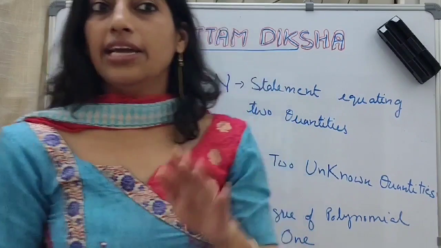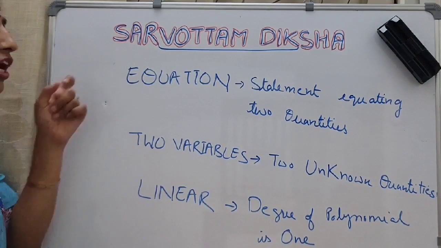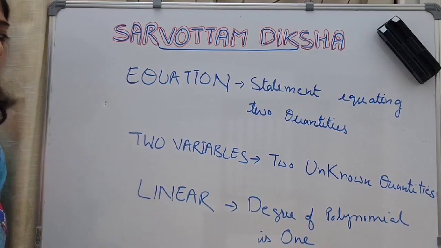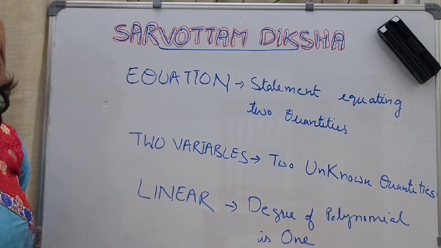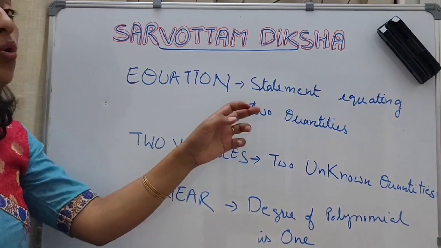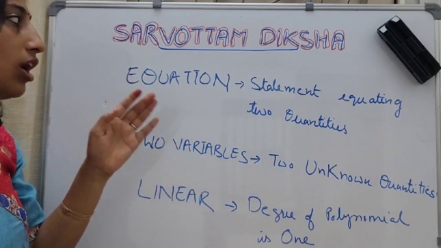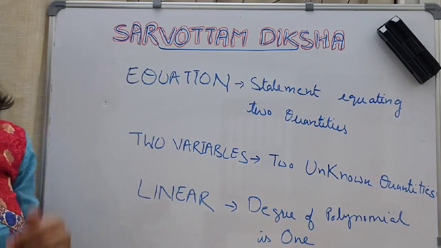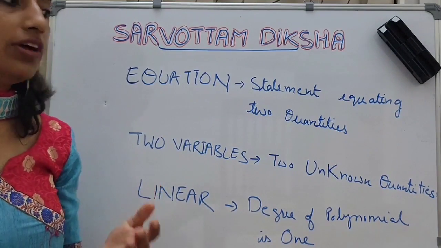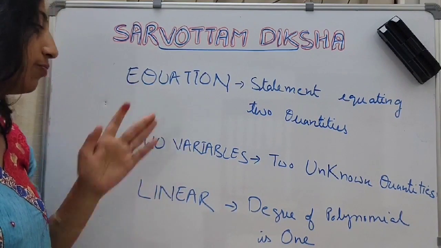Let us break the entire term and see what each and every word means. What is an equation? A statement where I am equating two quantities is called an equation. Two variables means two unknown quantities are involved in my equation.